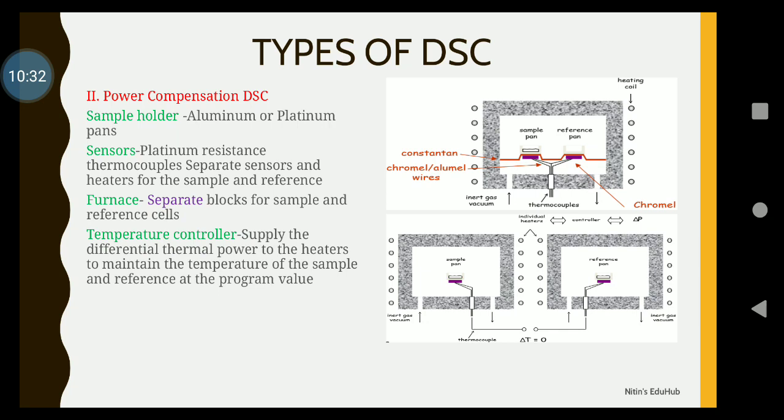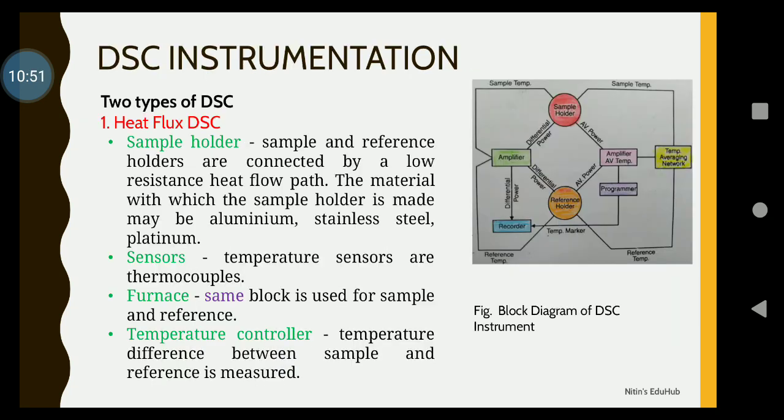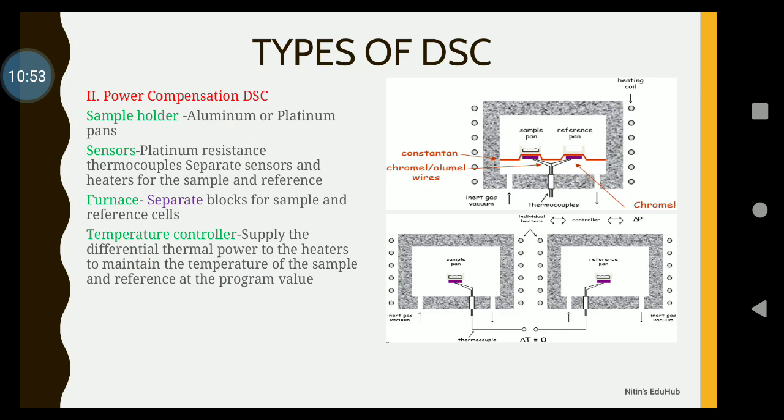Temperature controllers supply the differential thermal power to the heaters to maintain the temperature of the sample and reference at the programmed value. That's all about the types of DSC, that is the heat flux DSC and your power compensation DSC.